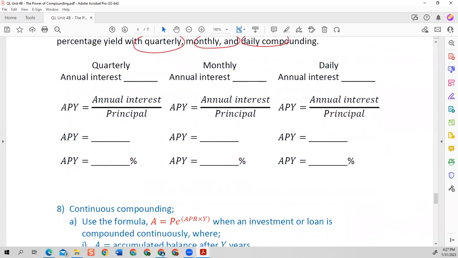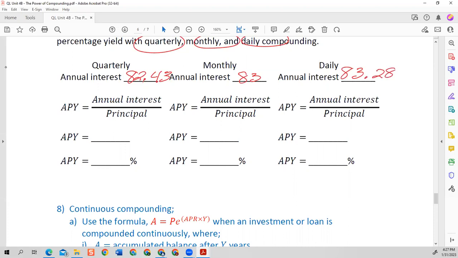I'm just working out my numbers right quick. So when we figure out the quarterly, we're going to get 82.43. And annually we get 83. And the monthly we get 83, quarterly 82.43, and the daily we get 83.28.